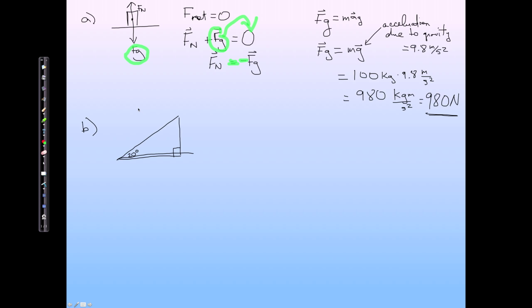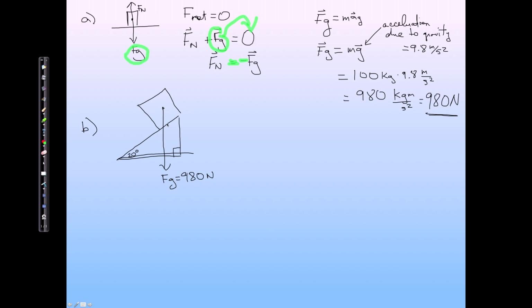Let's draw the object on our ramp, and let's draw the force due to gravity pointing down. This is the same 100 kilogram object, so the force due to gravity on this object is 980 newtons.